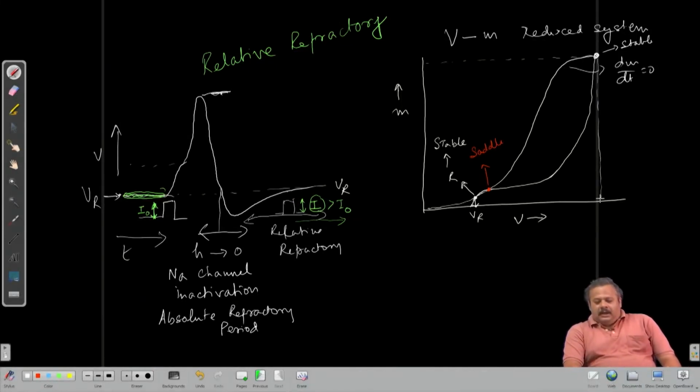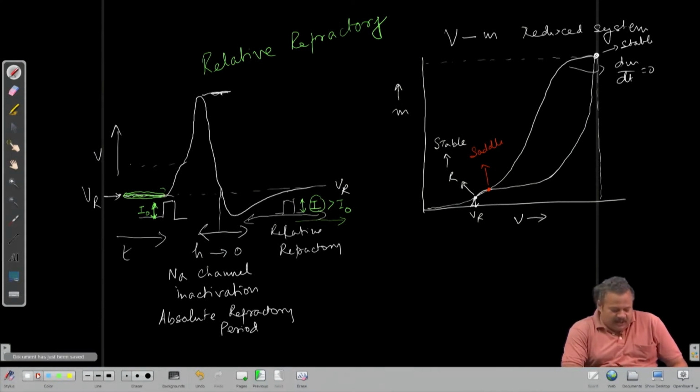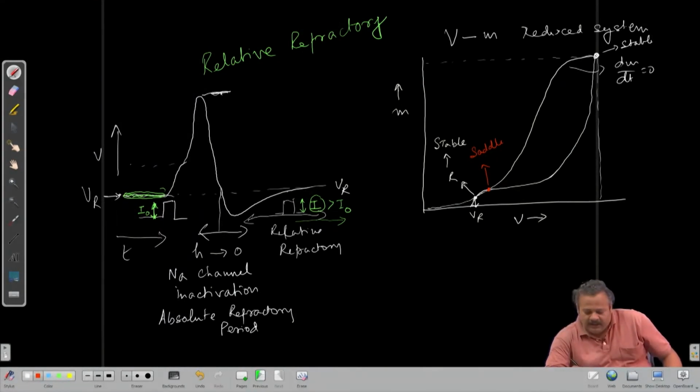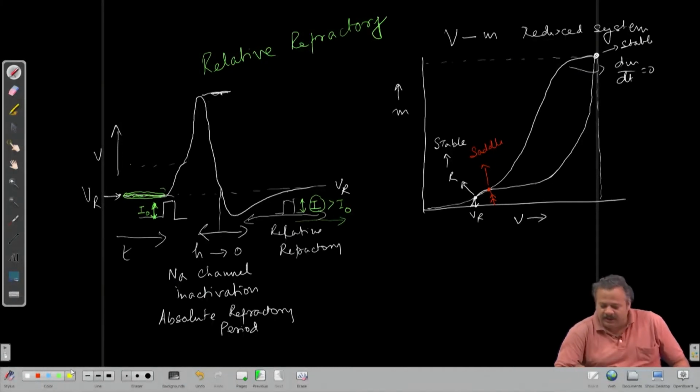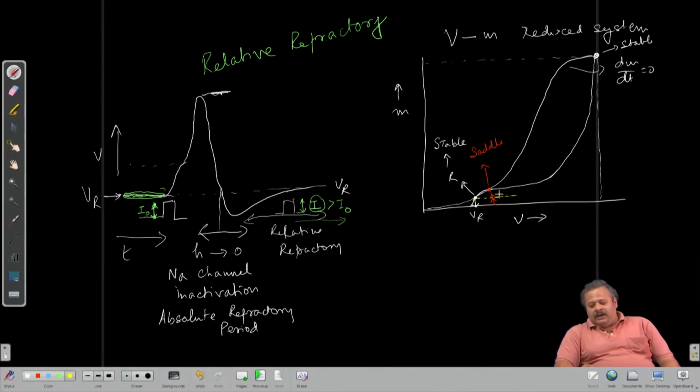So, in this kind of scenario, we have a threshold that is determined, as you know now, by the stable manifold coming in from the m equals 0 axis. If we consider this line along the resting membrane potential, wherever the yellow line cuts the red stable manifold, that's where the threshold is.